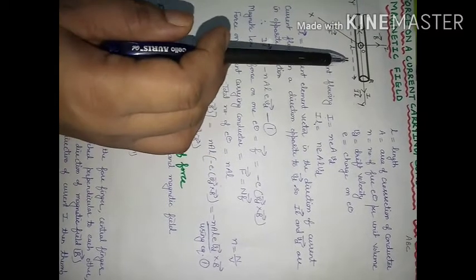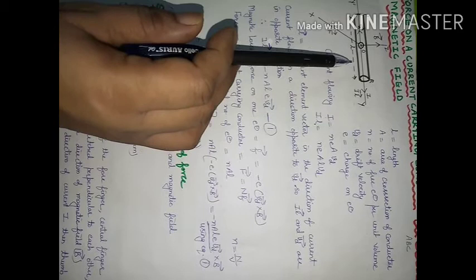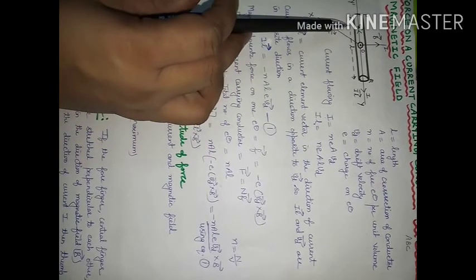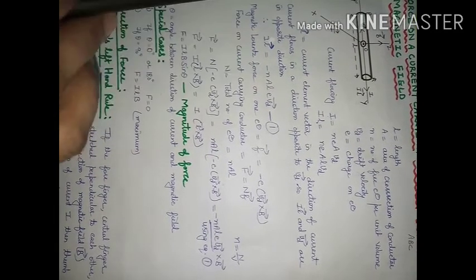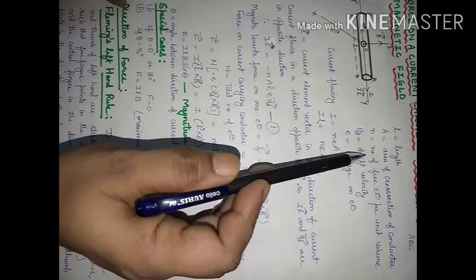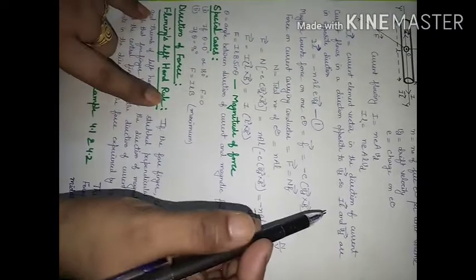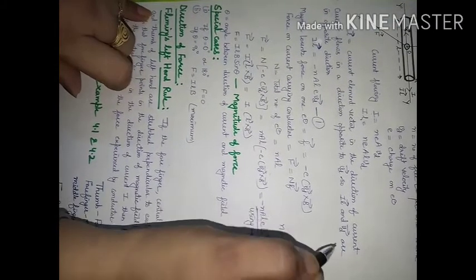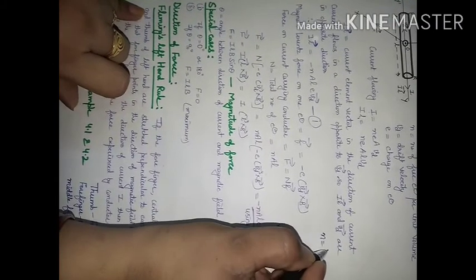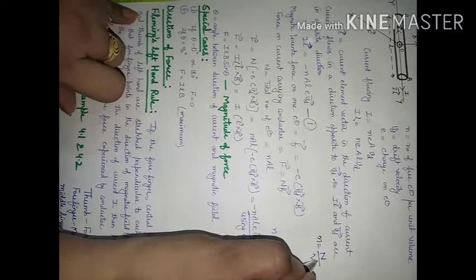For this, first we have to find how many total charged particles are moving here. For this we will consider n as the number of free electrons per unit volume, and n means total number of electrons divided by volume.